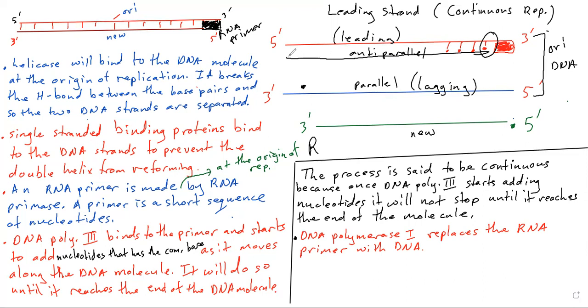It will just continue until it reaches the end. Now, once it reaches the end, you cannot have RNA mixed in with your DNA. So DNA polymerase 1 will remove the RNA primer and fill it with DNA, right? So that's it for the continuous replication. It's very straightforward, right? So I will give you a little time again to write this up, and then we look at the lagging strand.